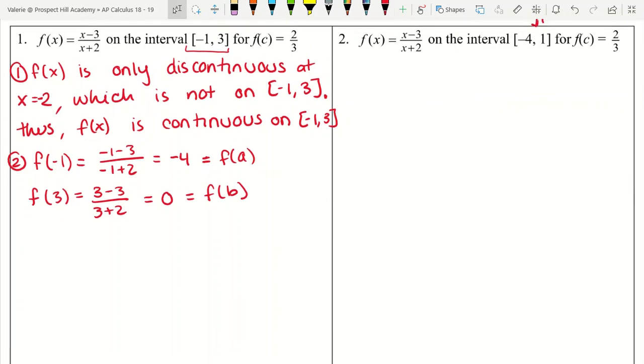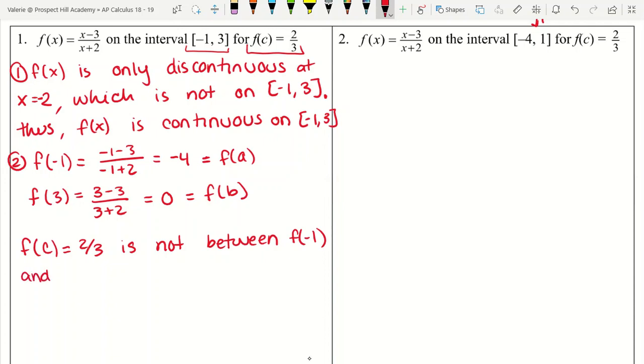So our second requirement is that f of c must be within or between f of a and f of b. So 2/3 is not between 0 and -4. So f of c equals 2/3 is not between f of -1 and f of 3.